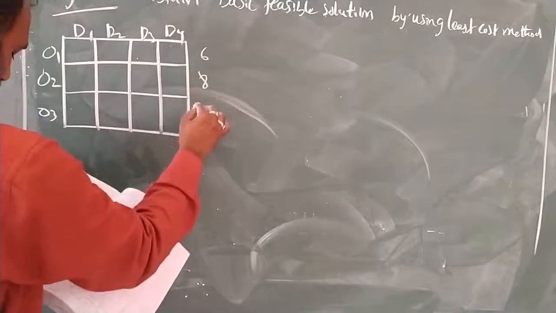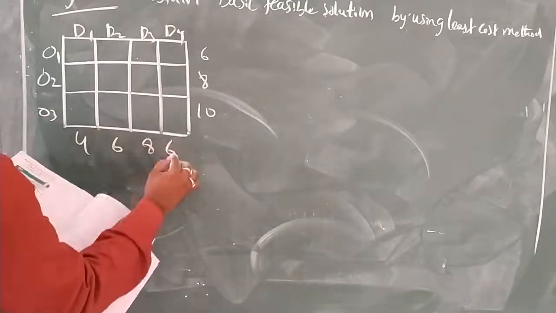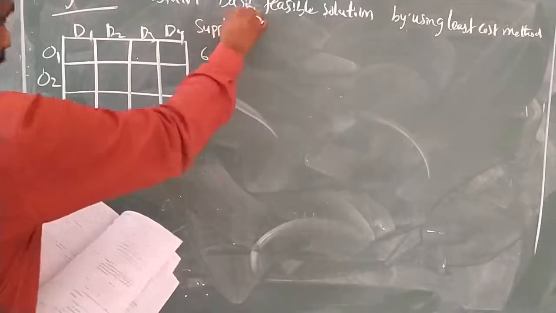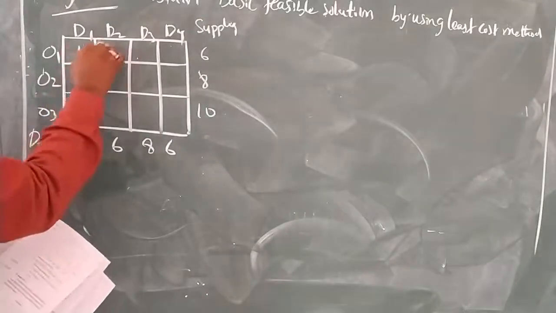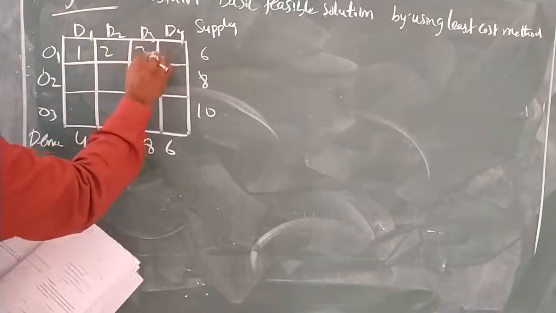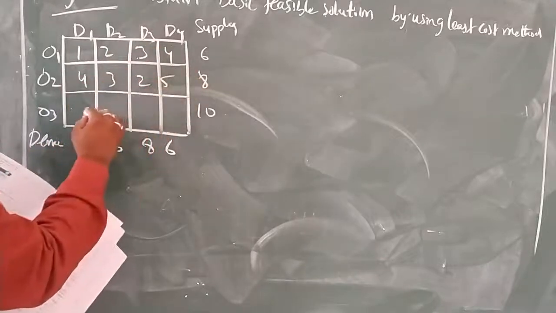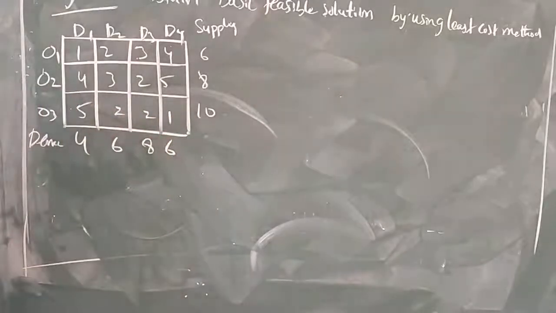So 6, 8, 10, 4, 6, 8, 6. So this is supply and this is demand. So the values are here 1, 2, 3, 4, 4, 3, 2, 5 and 5, 2, 2, 1. So these are the values.